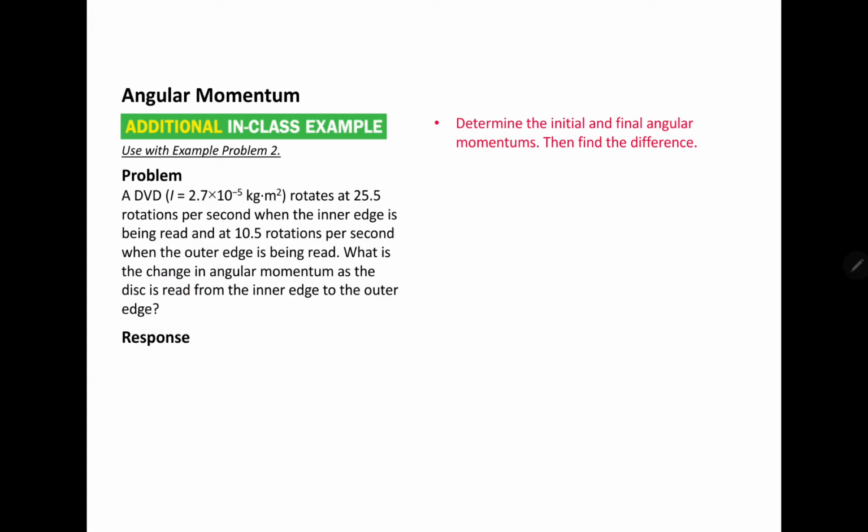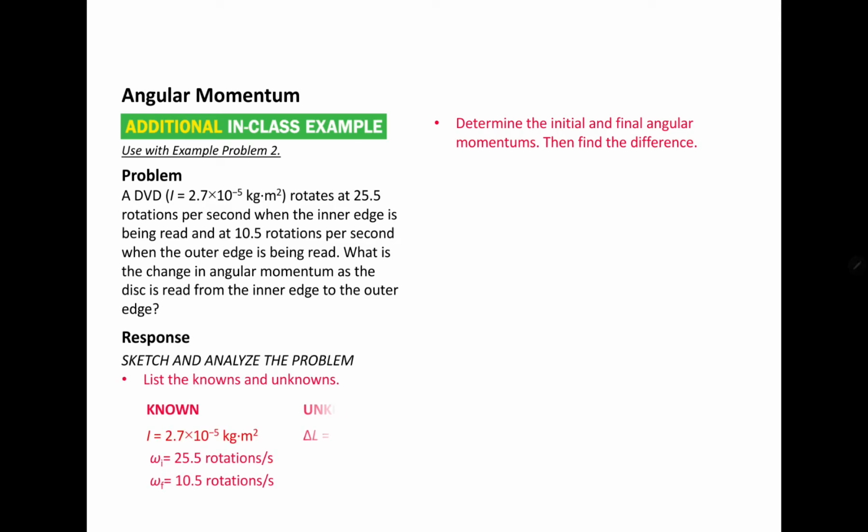That is our example, and as we learned in the beginning, we will write the known and the unknown from the question. From the question, we have I, the moment of inertia, equal to 2.7 times 10 to the power minus 5 kilogram meter square.